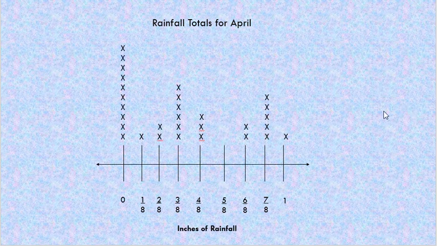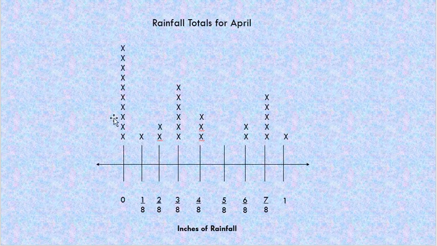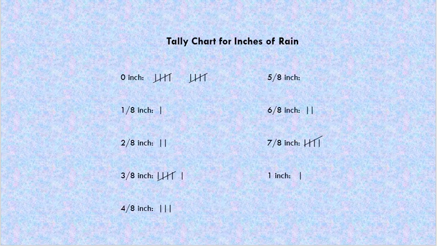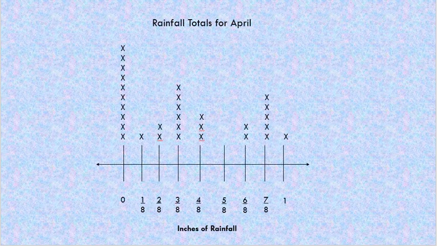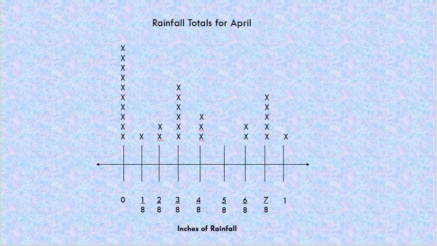Now that you have organized your data into a line plot, here is what it should look like. Above 0, you should have had 10 X's. 1, 2, 3, 4, 5, 6, 7, 8, 9, 10. Above 1/8, we should have 1 X. Above 2/8, we should have 2 X's. 1, 2.